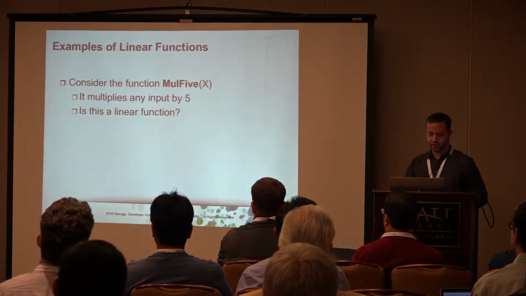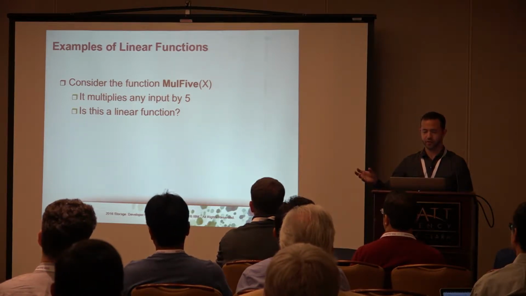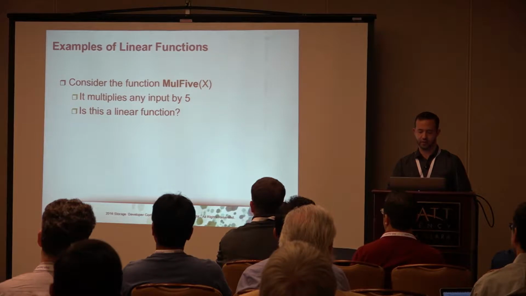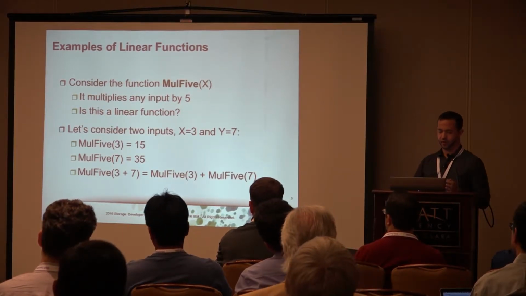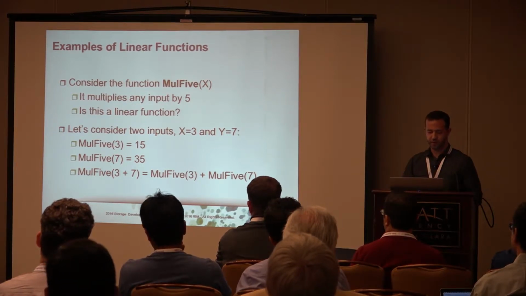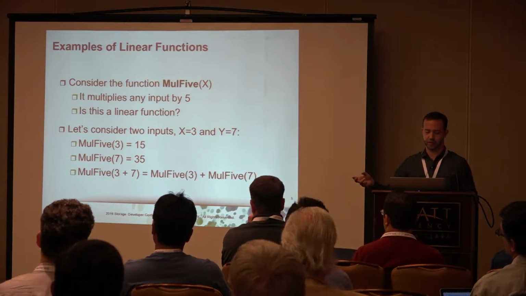Let's consider this function called mul5. All it does is take some input, multiply that input by 5, and return the result as an output. Is this a linear function? We can start by considering some example inputs. Let's say x is 3, y is 7. mul5 of 3 is 15, mul5 of 7 is 35.